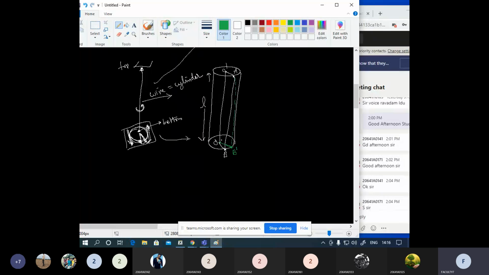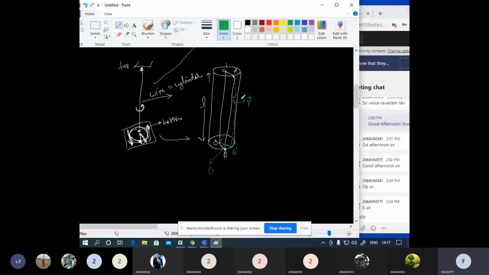What is the reason? You had applied a couple. Due to the couple, we are going to have an angular displacement, and this is angle theta. Similarly, consider this as some angle phi. Now what is this angle and what is this angle?